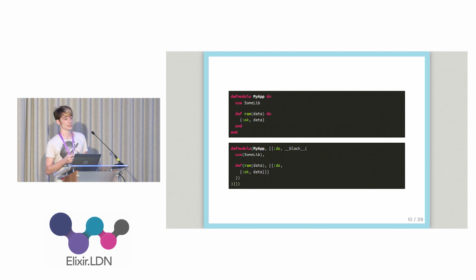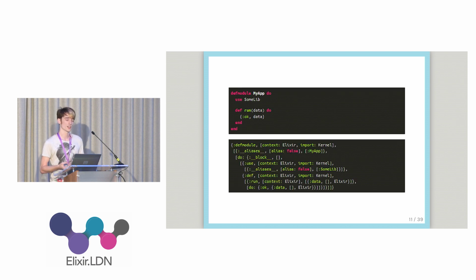And rather than using the block sugar, which is writing lines one after the other, we're calling the curiously named __block__ special form, which is what a block actually becomes when it's desugared. So each line becomes an argument to this function. And we've also put parentheses in every single call. So if you look at def module and use, they've got parentheses on them as well.